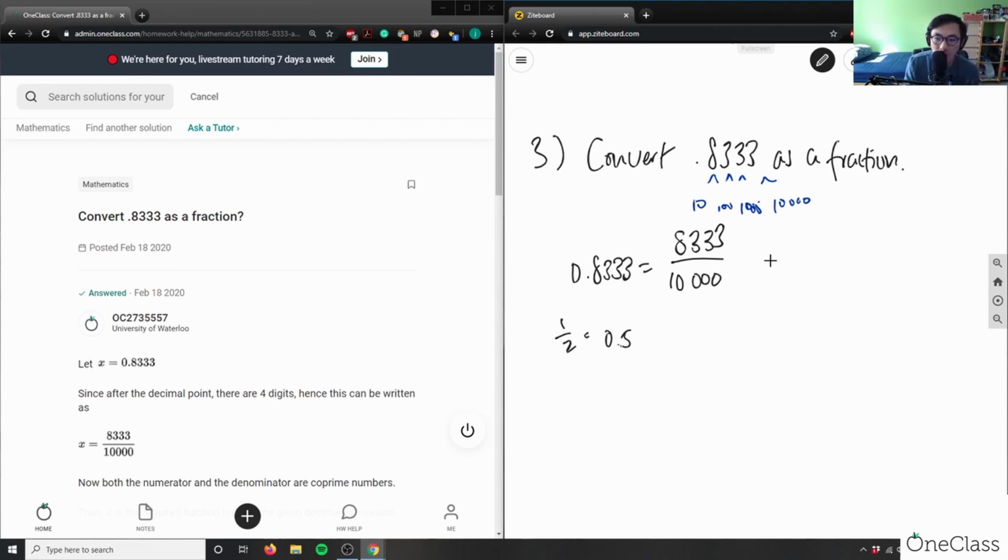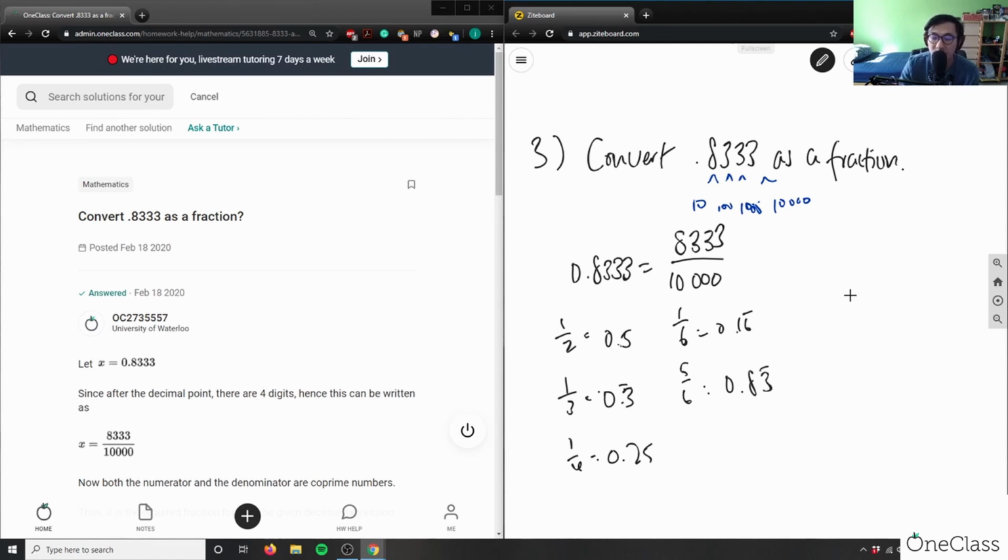Or 1/3 would equal 0.3 bar, where bar means a repeating number. 1/4 is 0.25. 1/6 is 0.16 bar, and so on. So 5/6 is also 0.83 bar as well.